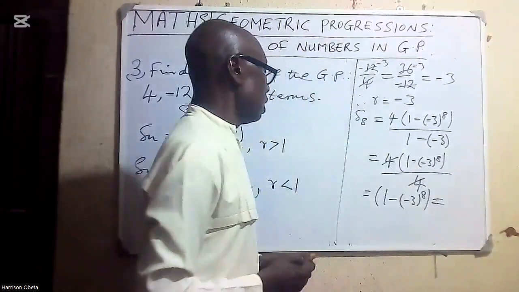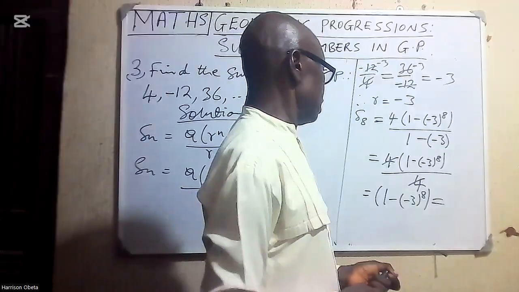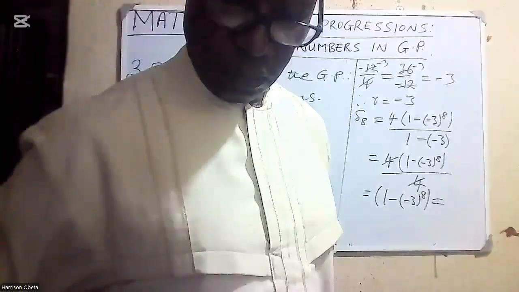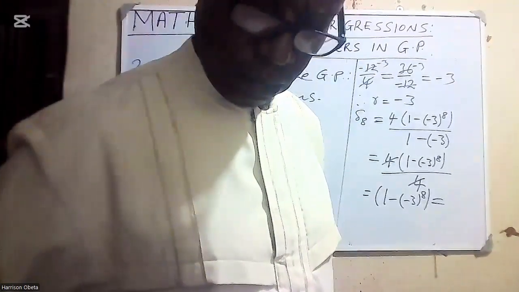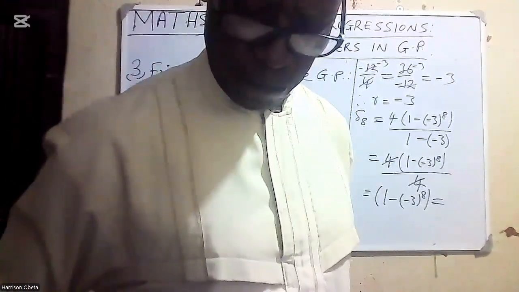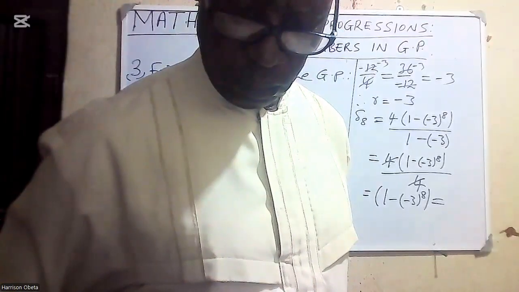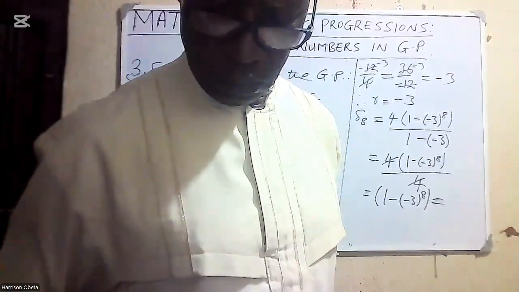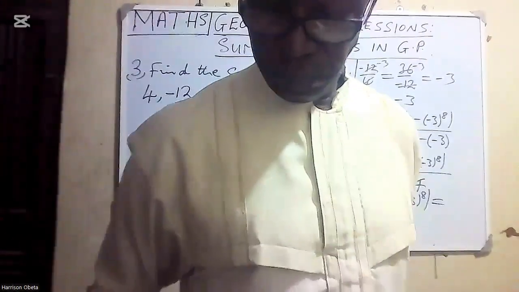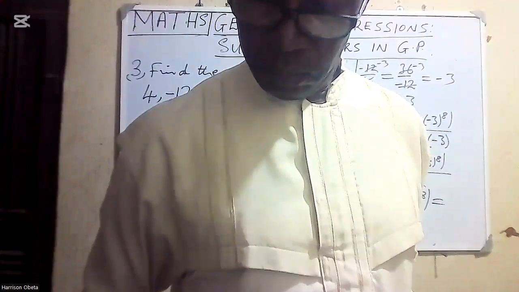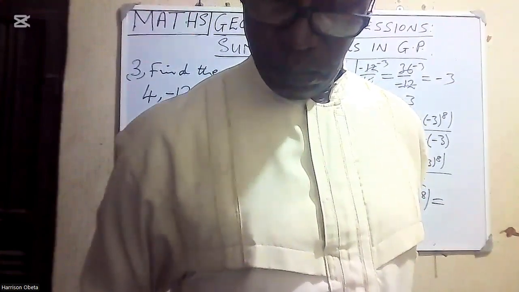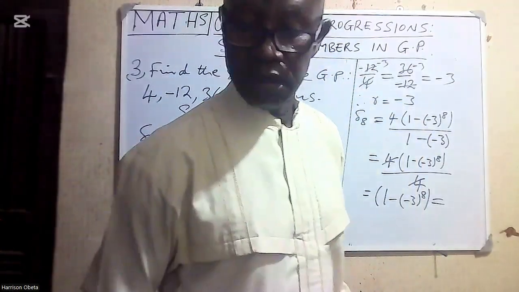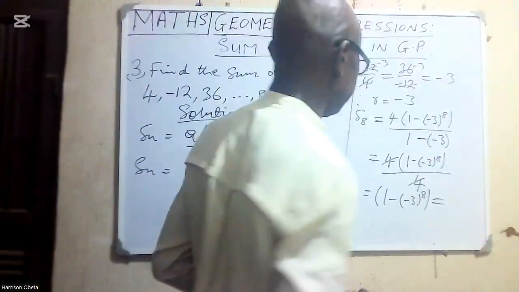So minus 3 raised power 8 will give us 6561.